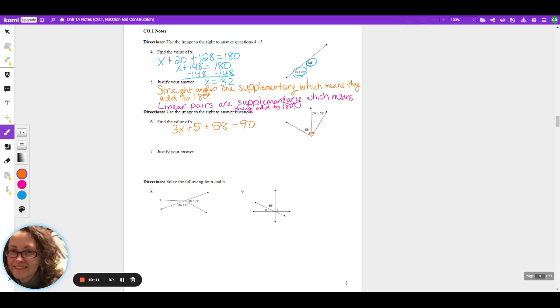Solving this equation, we get 5 plus 58 gives us 63. Subtracting 63 from both sides, we get 3x equals 27. And therefore, when I divide by 3, I get x equals 9.